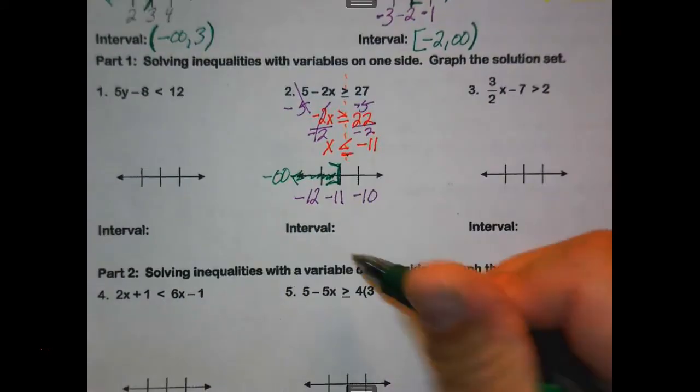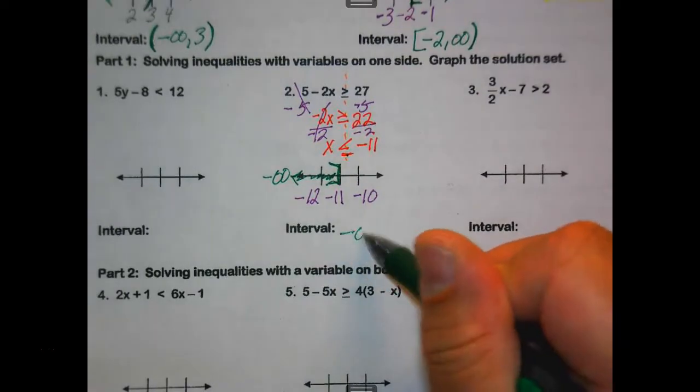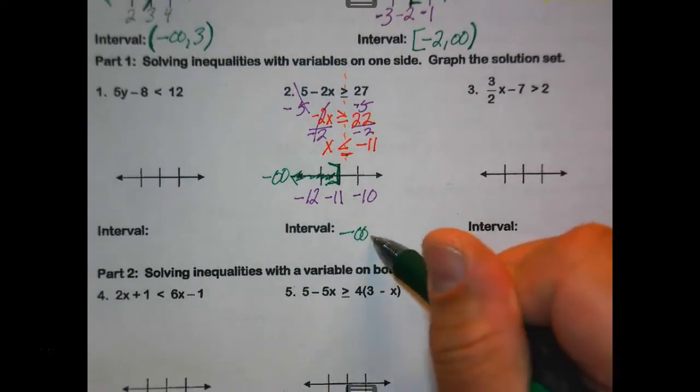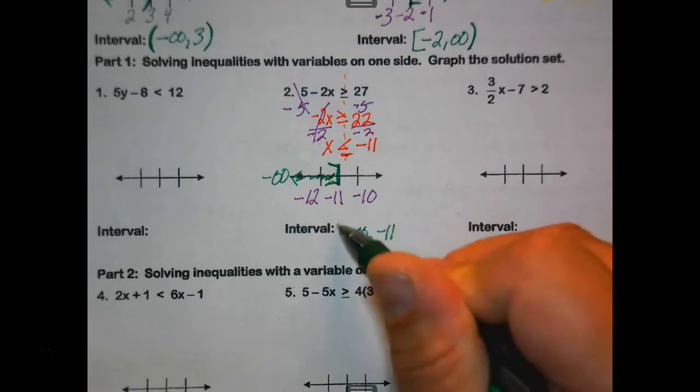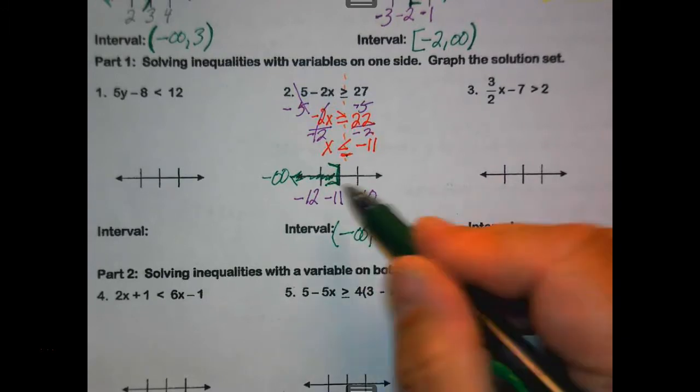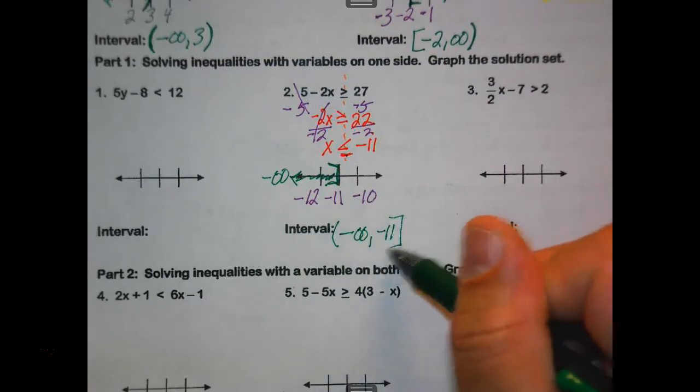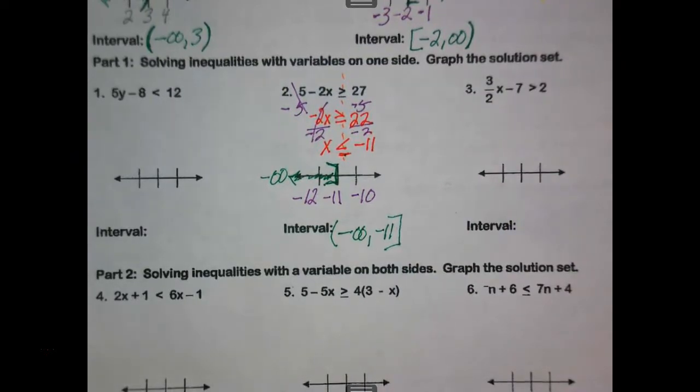Interval notation: smallest number always on the left, larger on the right, parenthesis with infinity, bracket with negative 11 because we included it. Everybody good so far? I think everybody was good at this point.